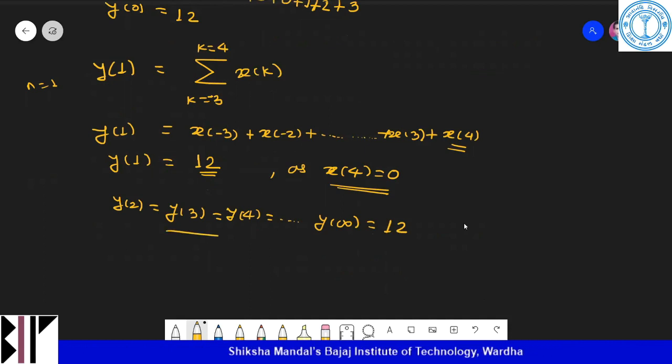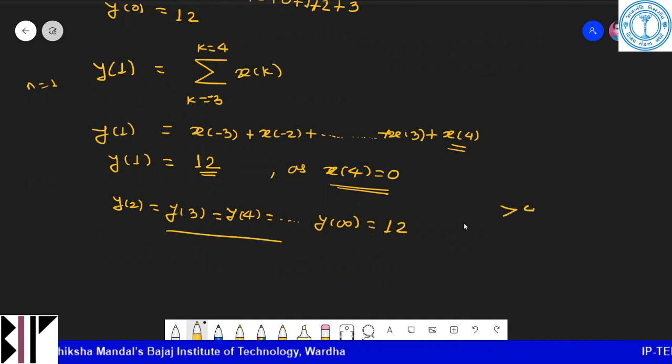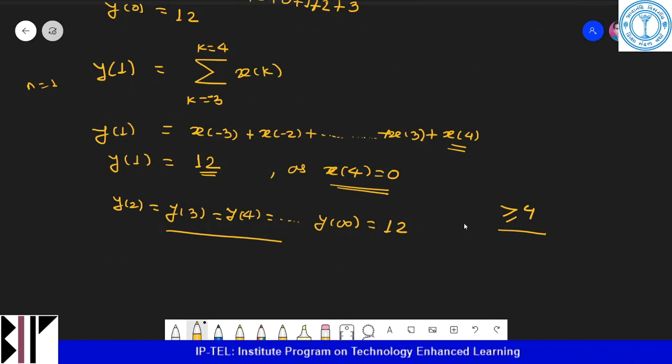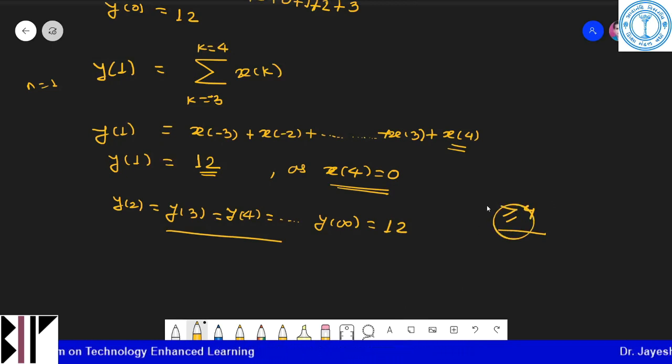Because we do not have a sample at greater than or equal to 4, whatever addition is there will remain. As our k goes from minus 3 to n plus 3, all the samples will be 0 after this 4, so we do not have that value.